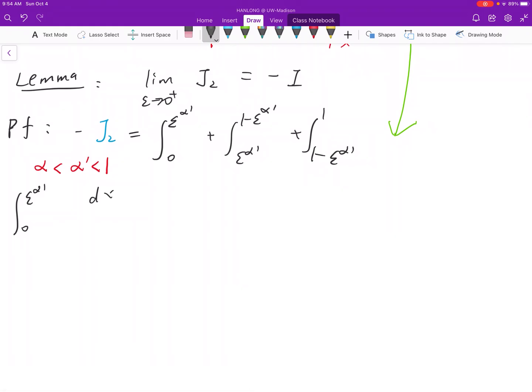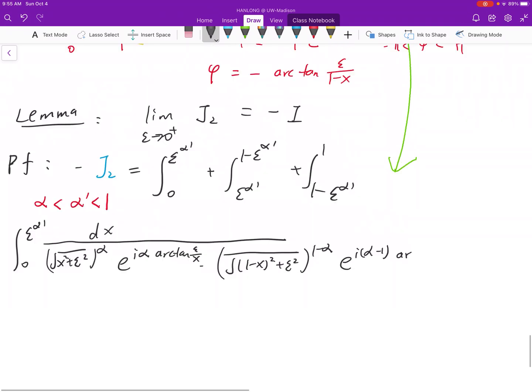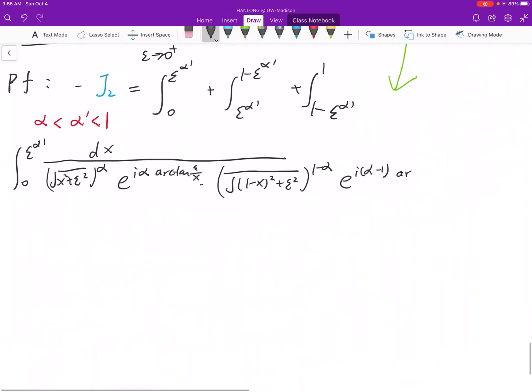And then we estimate the first term: x squared plus epsilon squared to the alpha's power, exponential i alpha arctangent epsilon over x, times 1 minus x squared plus epsilon squared to the 1 minus alpha's power, exponential i alpha minus 1 arctangent epsilon over 1 minus x.